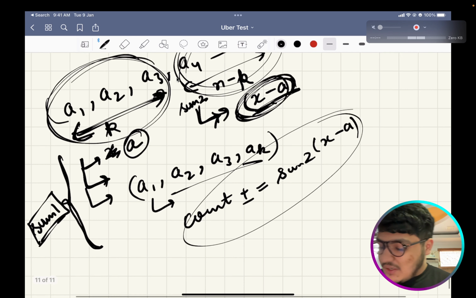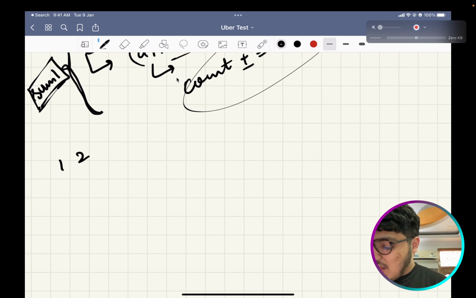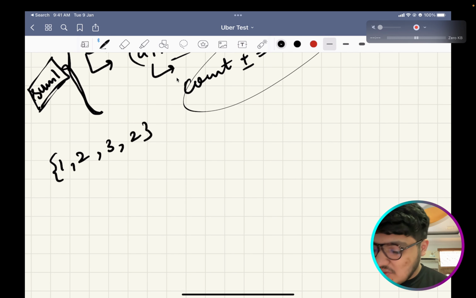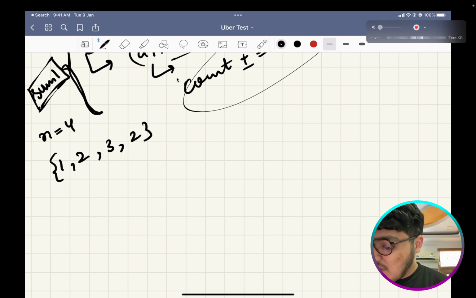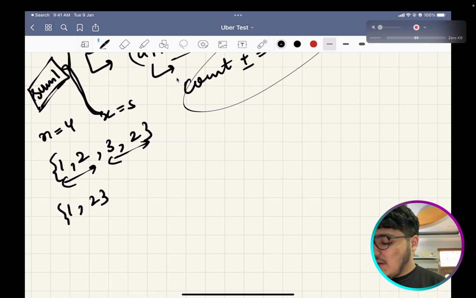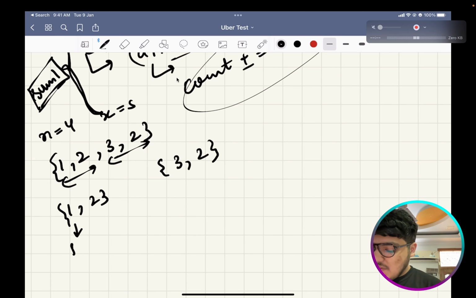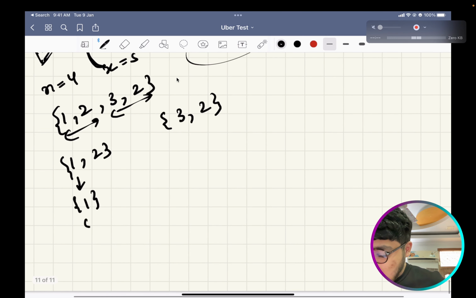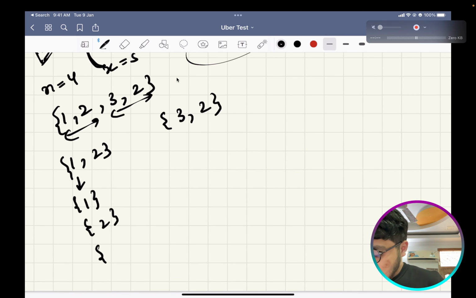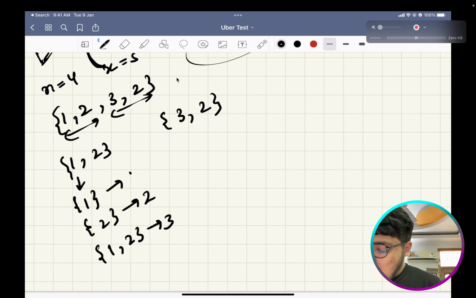Just explaining it again, let's say you have this array 1 2 3 2, n was 4 and x was 5. So I would be dividing it into two parts, 1 2 and 3 2. The possible subset sums for the first part are 0, 1, 2 and 3, and I would be storing these values in a map.